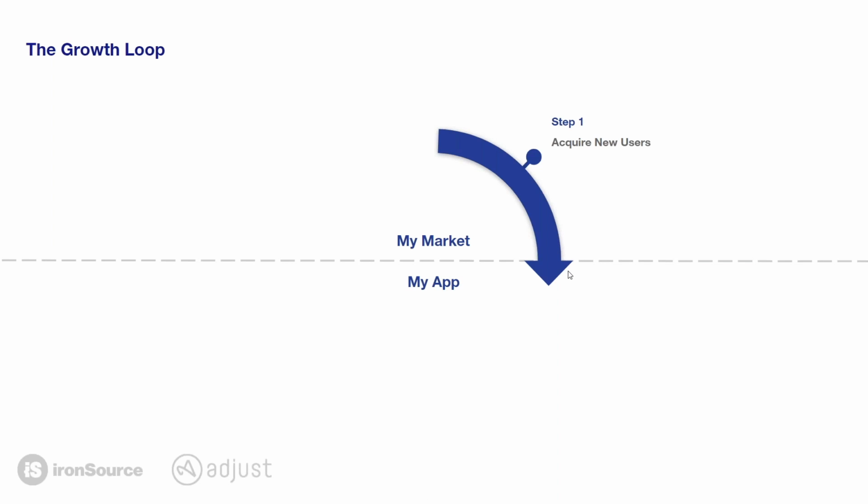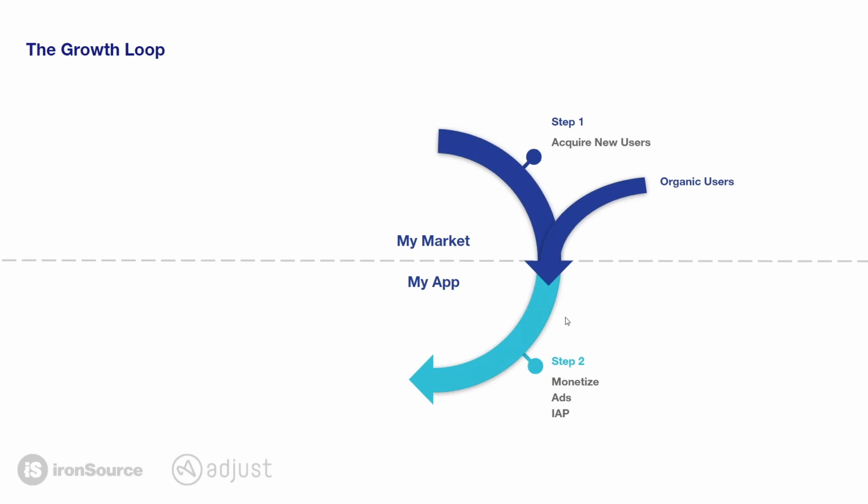We bring people from the market into your app, either through paid user acquisition or as organic users. The second step in this loop is how you monetize those users. Whatever strategy you're using, whether it's ad monetization or IAP, that's where people engage with the product and move on, hopefully after generating revenue.